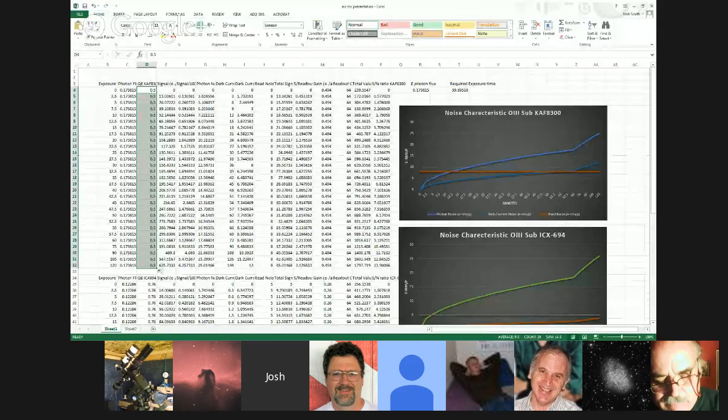For those of you who haven't seen Starizona's calculator, and the other calculators like the one in SGP, they're calculated on the same basis. The numbers that Josh and Adam just gave us show that read noise is a small percentage, 5% being a commonly accepted figure. That happens when your sky glow, the background brightness of the sky, gets to a certain level. In different chips and cameras, that value is different.